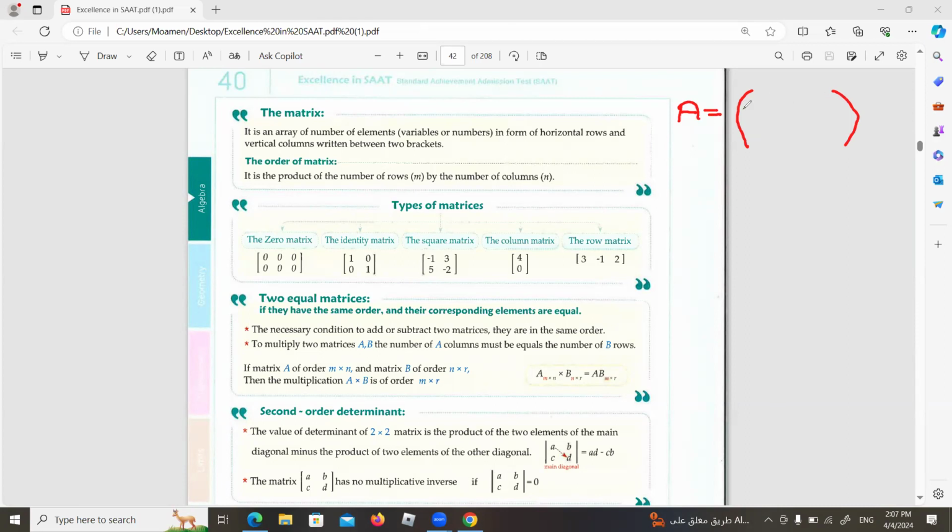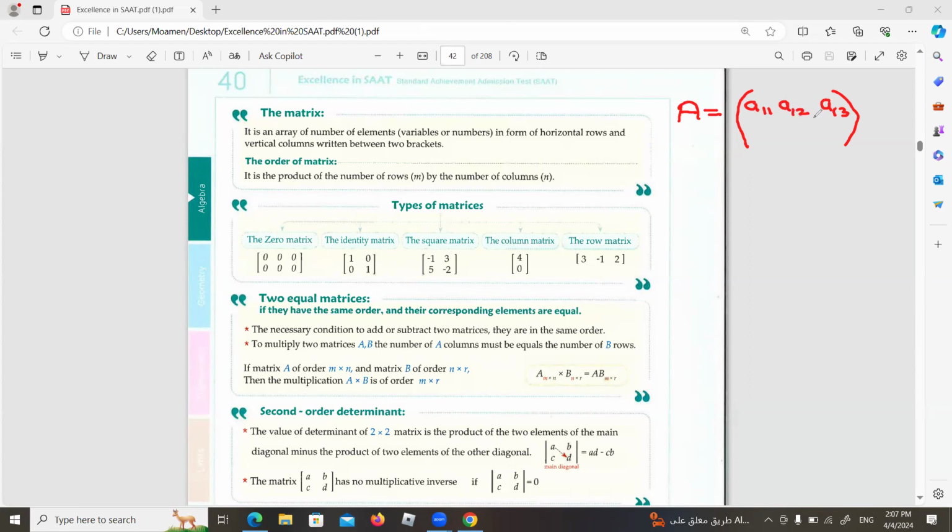We have small letters. For example, we write A11, and then A12, and then A13. That means we have three elements in the first row. The first number, 1, 1, means the first row and the first column.